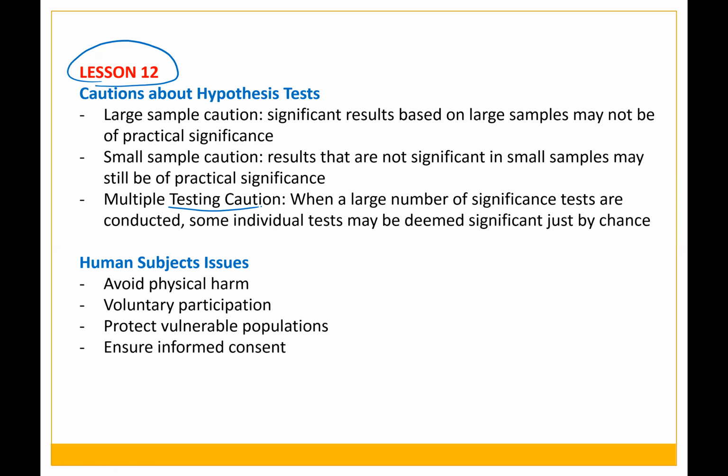A lot of statistical tests, especially in the field of biostatistics, where we try to figure out the chance of success of new drugs or new medications, require us to care about physical harm and try to avoid that, maintain voluntary participation, protect vulnerable populations, and ensure informed consent, regardless of whether the study is beneficial to the subjects or not.